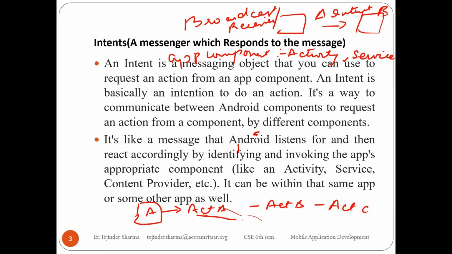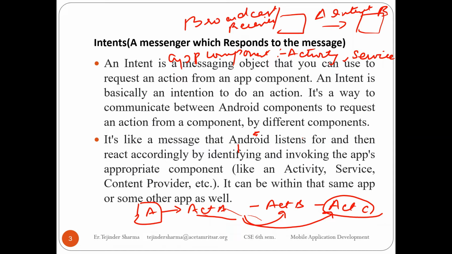After activity A, where should I move? I should move to activity B or I should move to activity C. This is the component which I have to specify after opening activity A, what would be my second activity. And that is done with the help of the intent. That means we have to provide the component name, that is the activity name, which is to be opened after an app is opened and the first activity is launched.